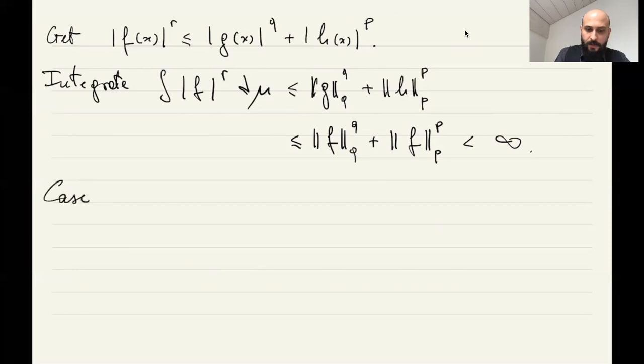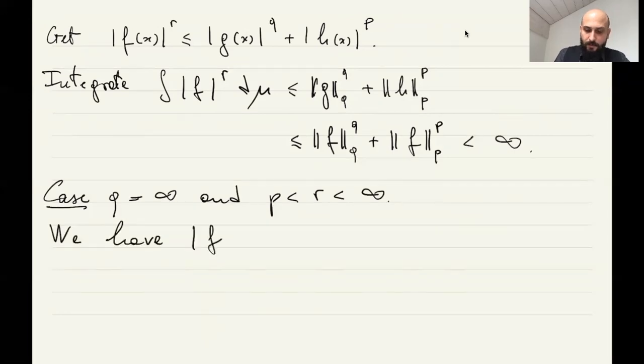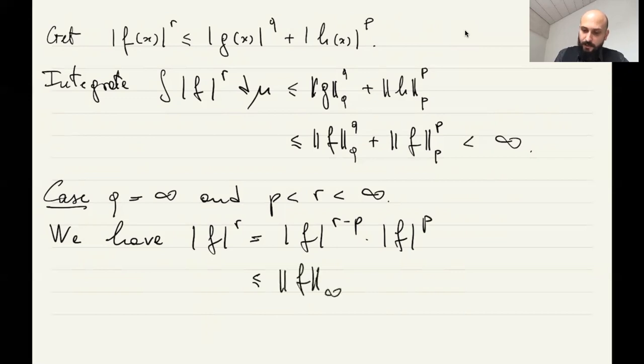The last case is when q is equal to infinity and p is less than r is less than infinity. In this case we have the norm of f to the r. We can write it as the absolute value of f to the r minus p times the absolute value of f to the p. And now the absolute value of f can be bounded by the essential sup of f.